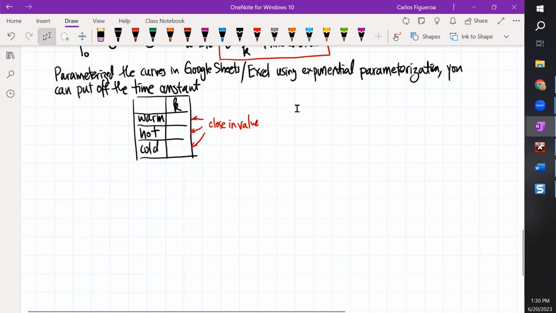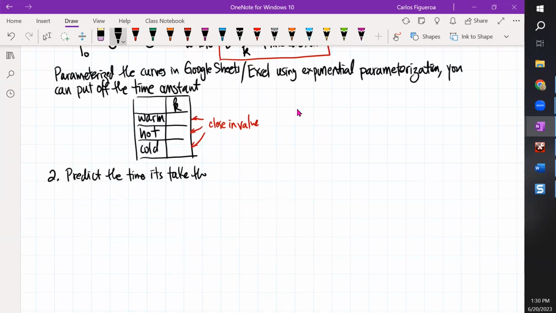Now, the other thing that we want to do here is to predict the time it takes the water to, now remember, when I say water, I mean what? Warm, hot, cold, the water to reach room temperature.